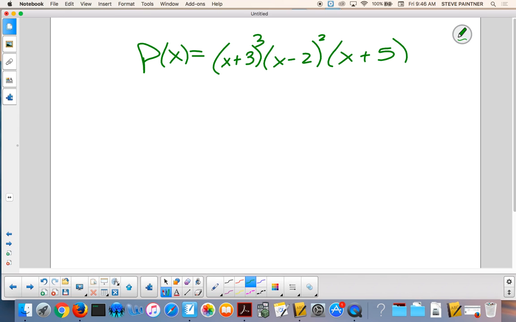Some of you have your arms crossed. That's not good. You should be writing stuff like this down. I said, figure out the degree. Figure out the end behavior. Figure out how many turns it might take.